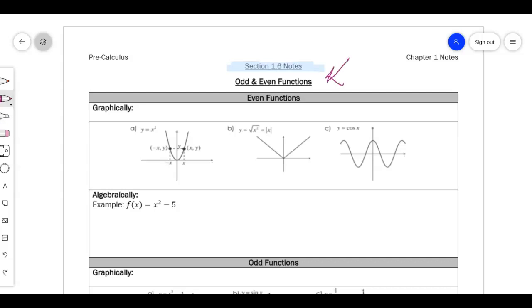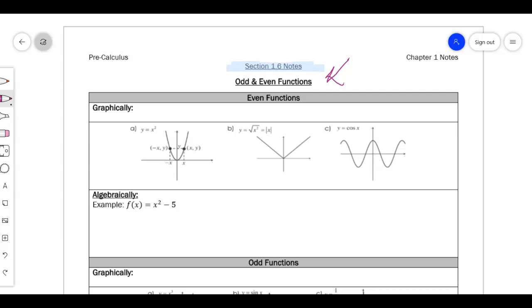Graphically, if you're trying to decide if something is an even function, notice it doesn't mean even power. With this one it happens to be an even power function, but with this one it's just the absolute value of x. With this one it's cosine of x. So I'm not referring to even power. This is something different.